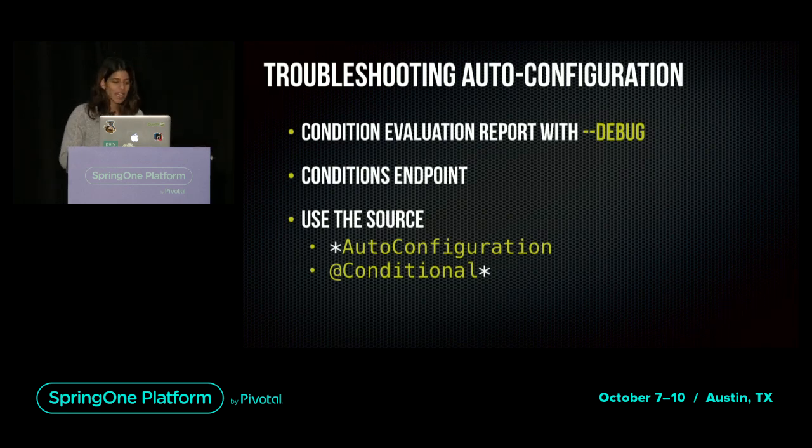The last point: I find it pretty useful to look at the source of something when I don't understand what's going on. As you know, Spring Boot is all open source, so if there's something confusing with the auto-configurations, you can always go to the source. If you're developing a web application, look for WebMvcAutoConfiguration.